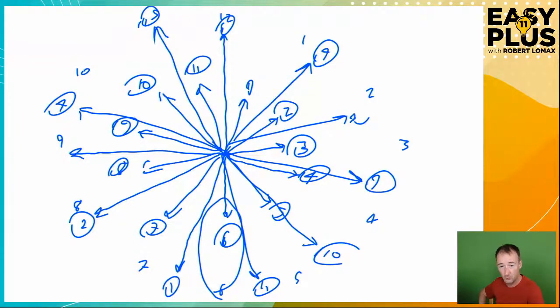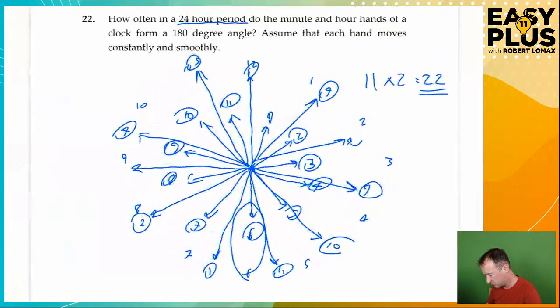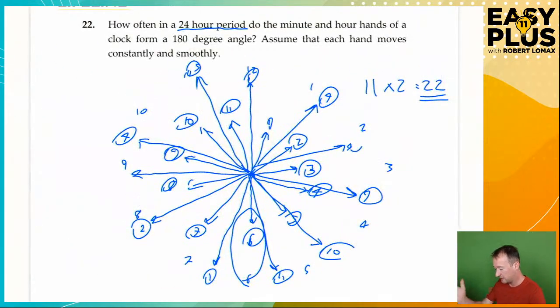So it's doing two jobs in one, which is why we have 11 in total and not 12. Now this is a 12-hour period, so for 24 hours there are going to be 11 of these times 2 equals 22 times that this happens. So there are 22 times in a 24-hour period that the minute and hour hands form a 180-degree angle. And I hope that makes sense. It's tricky. You might need to watch that a few times to really get the hang of it.